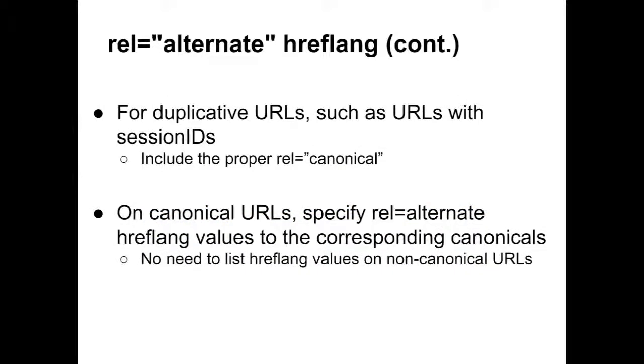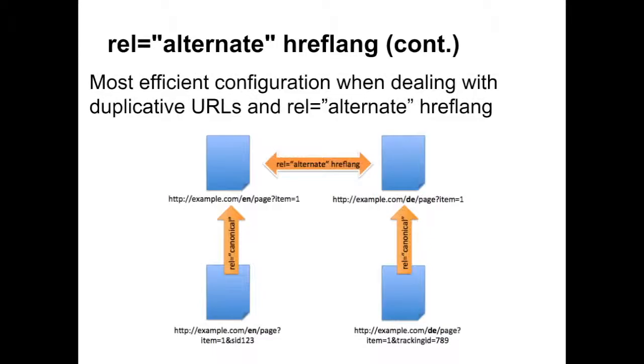The href values for rel alternate hreflang should specify canonical URLs, and in fact, to be most efficient, they only need to be included on the canonical URL, not the duplicates. In other words, given the English version of a page, http://example.com/en/page?item=1 and SID=123, which is a duplicate URL with a session ID, there doesn't need to contain hreflang values to the corresponding, say, German page.